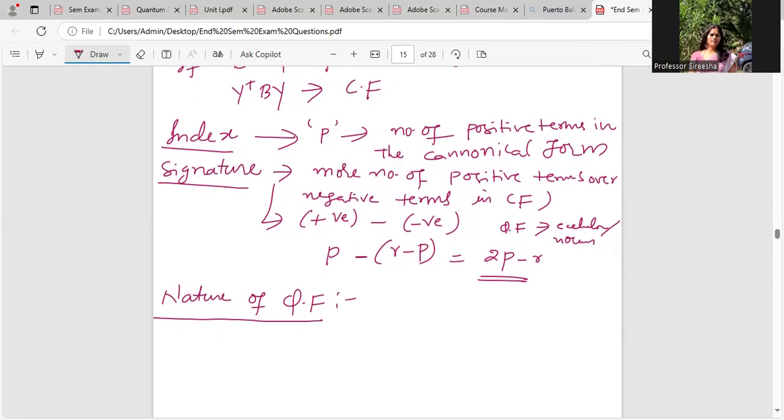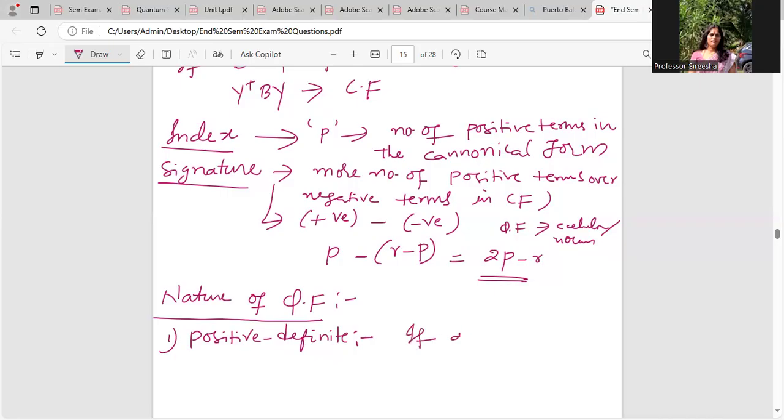There are basically 5 types. First is positive definite. These are important, guys. Though they are very small things, they'll help you to fetch marks in the exam. Okay, positive definite.